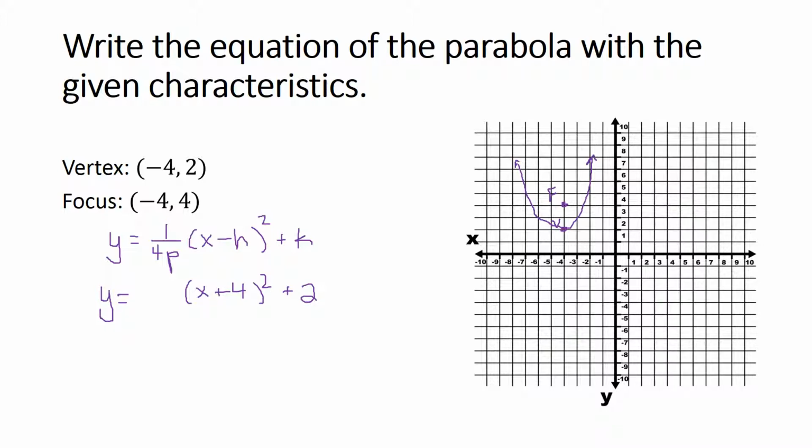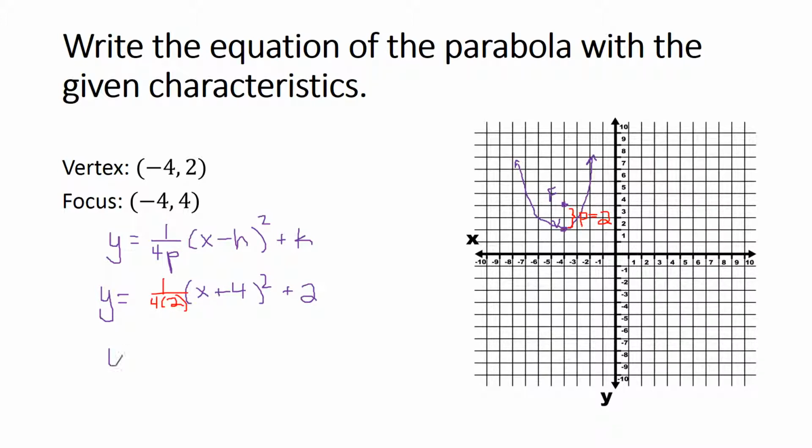The only thing new I'm going to have to fill in here is I don't have the a value. All I know is how far apart the focus and the vertex are. So looking at my graph, I can see that the focus and the vertex are 2 units apart. Mark this in a different color. Between the focus and the vertex, there are 2 spaces, so p equals 2.